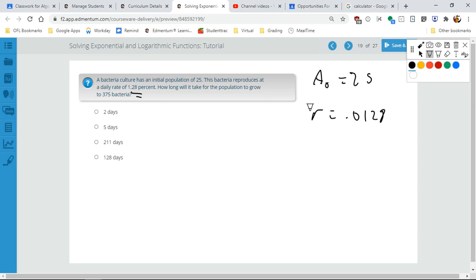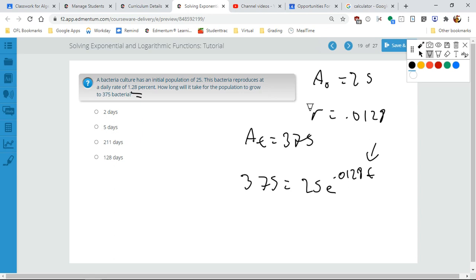So how long will it take for the population to grow to that? So our A after an amount of time, our A sub t, is 375. So when we do this, we're going to do 375 equals 25 e to the 0.0128 times t. So we're just going to have to solve for t.